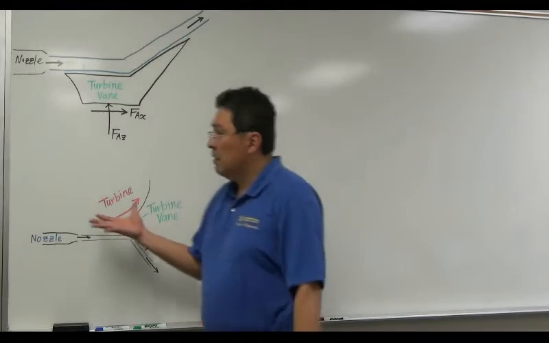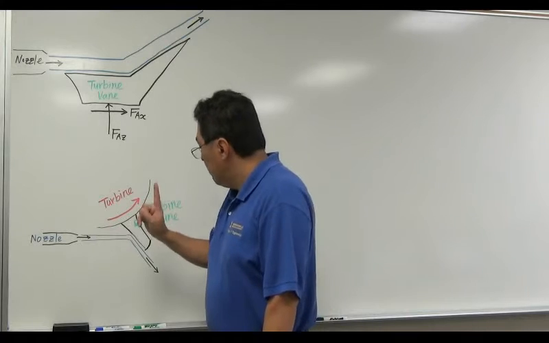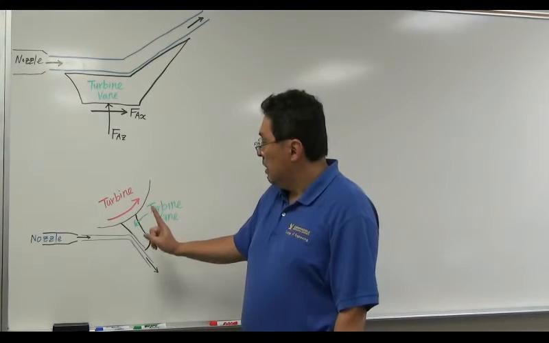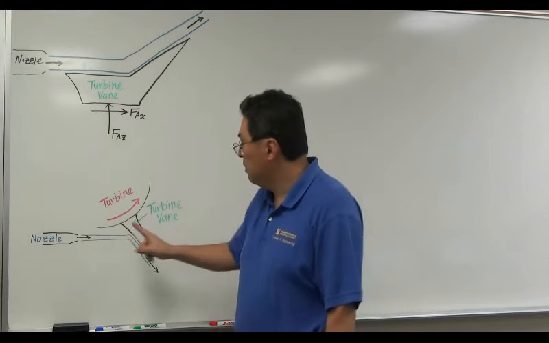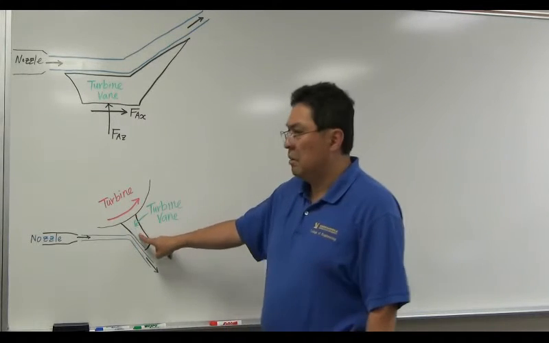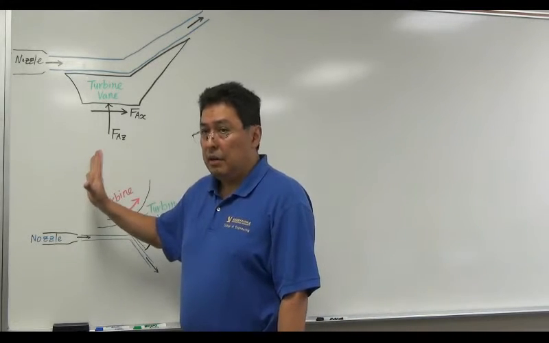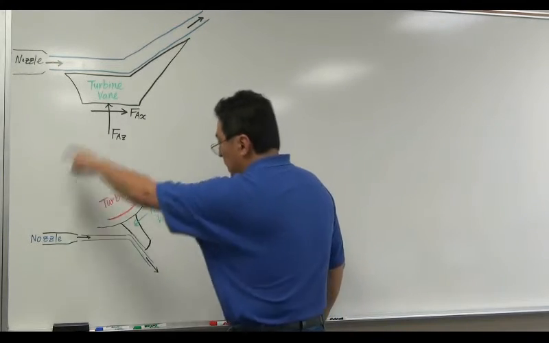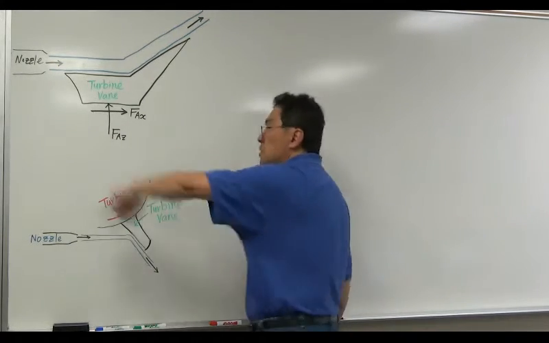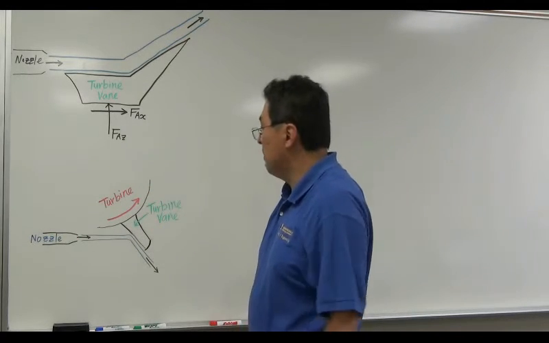So we are going to analyze this problem in two stages. Stage one is, how much force is developed in order to start moving this turbine vane, which is this example problem. And then later on, once the turbine starts spinning, how much force you need to maintain spinning. So a two-stage process. Okay.